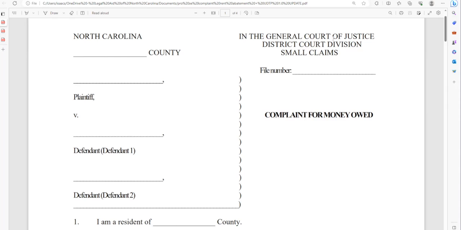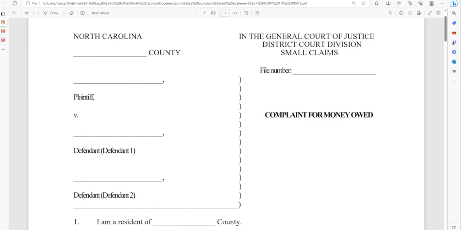The reason small claims court is maybe a better place to do this, even though there is a maximum amount of money you can get if you win, is because small claims court is typically less formal and a little bit easier to navigate than district court.